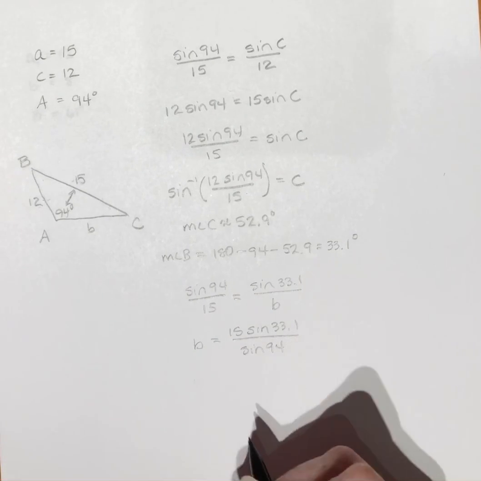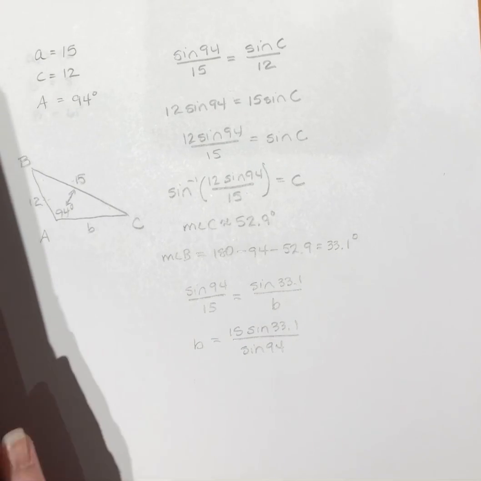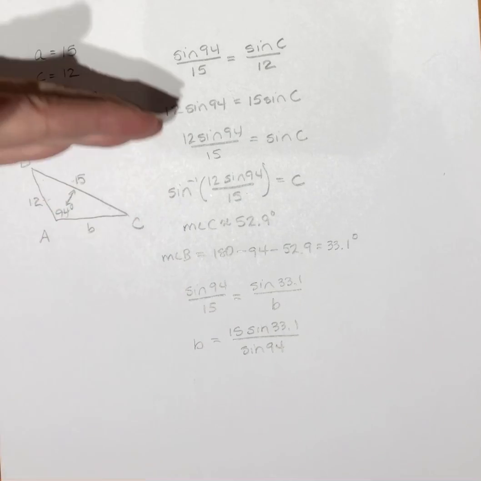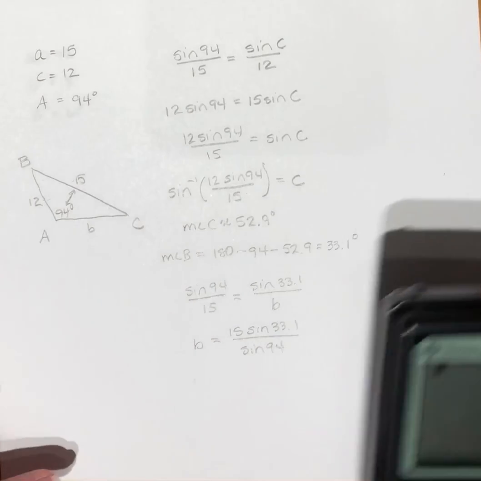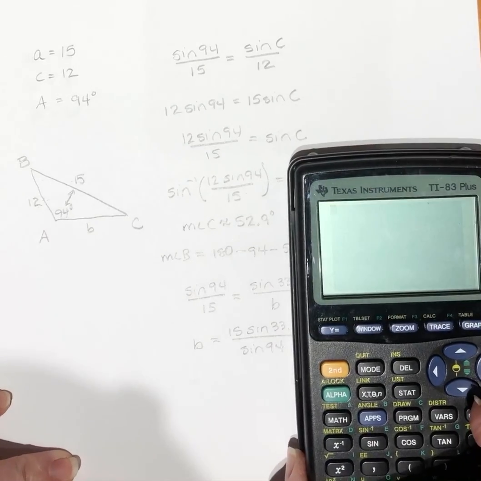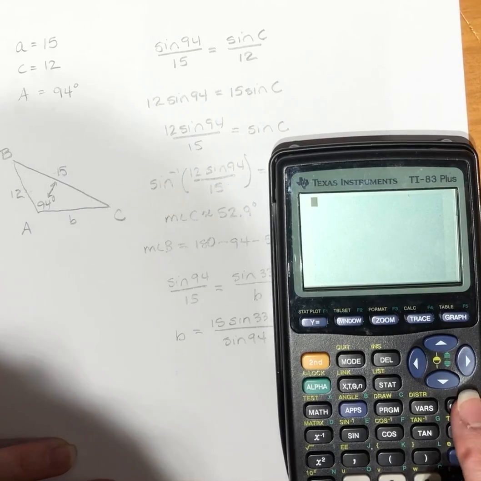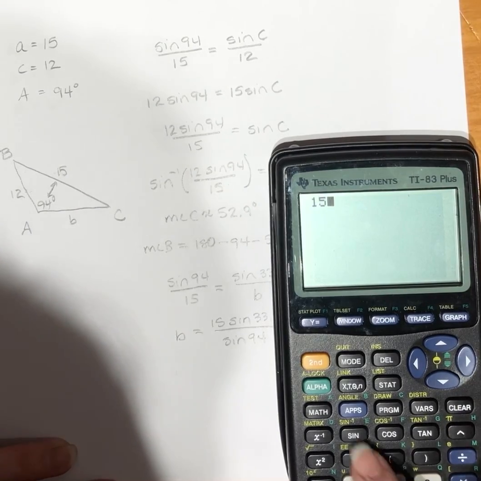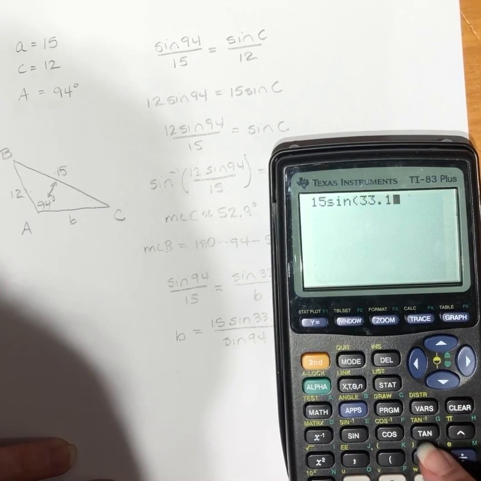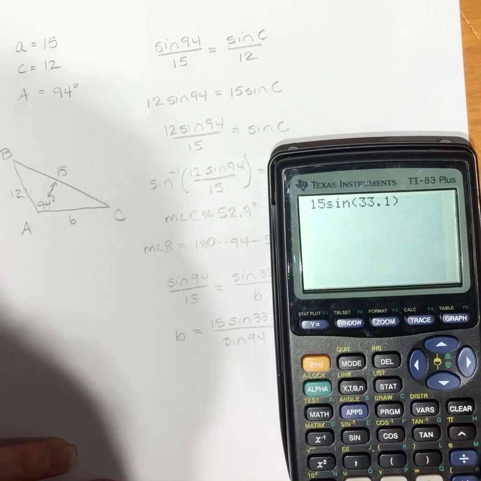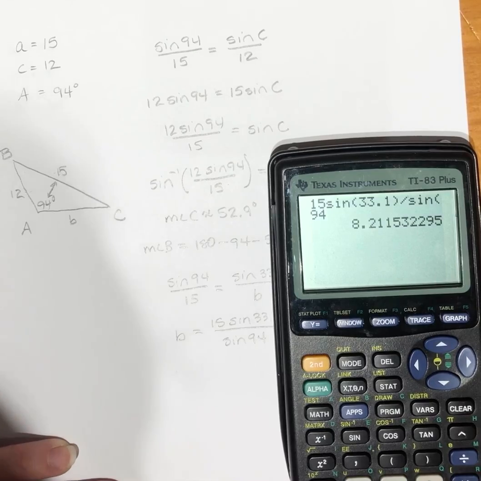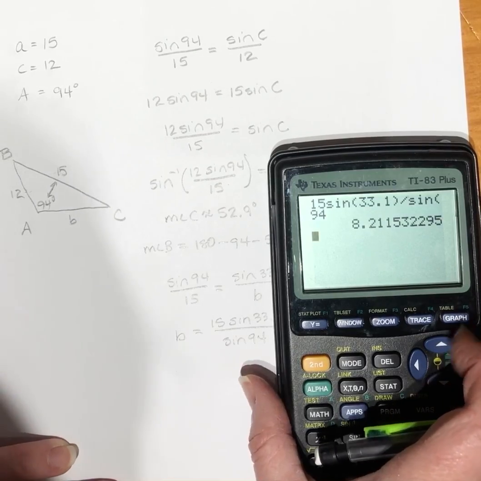But as you're doing your homework, if you end up getting off by a little bit, it's because you're rounding too soon in the problem, and then you're using rounded values throughout the problem, okay? And it's just something that you have to be aware of, and you have to be careful. So 15 times the sine of 33.1, close my parenthesis, divided by the sine of 94. And so this is approximately 8.2.